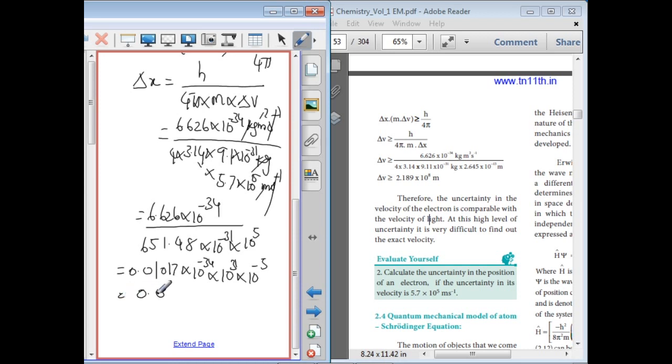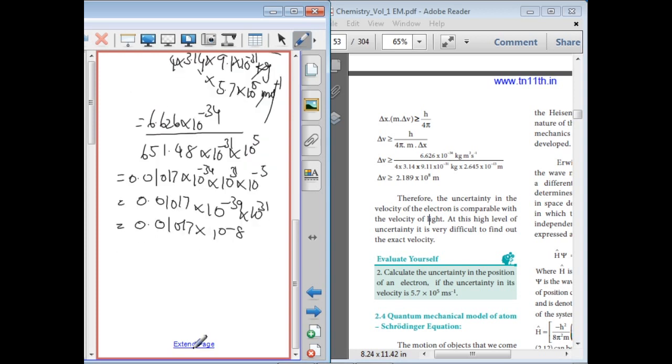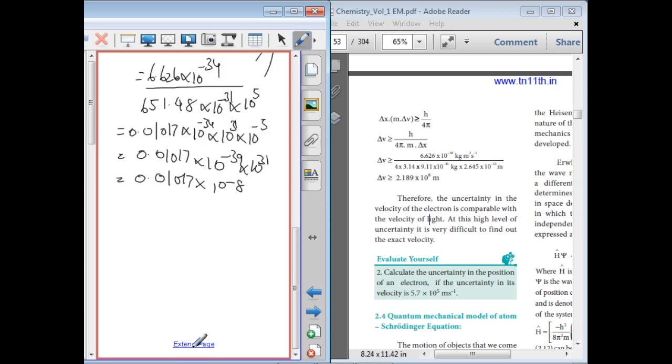So 0.01017 multiplied by 10 power minus 39, 10 power plus 31. So 0.01017 multiplied by 10 power minus 8. So the answer is 1.017 multiplied by 10 power minus 10 m.